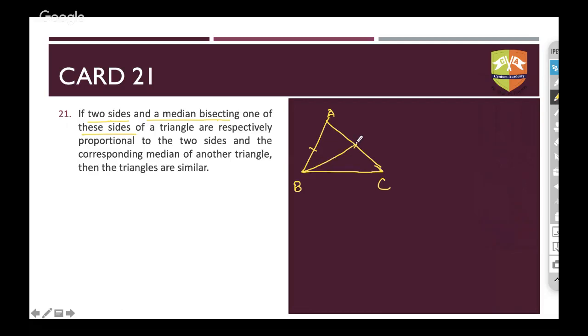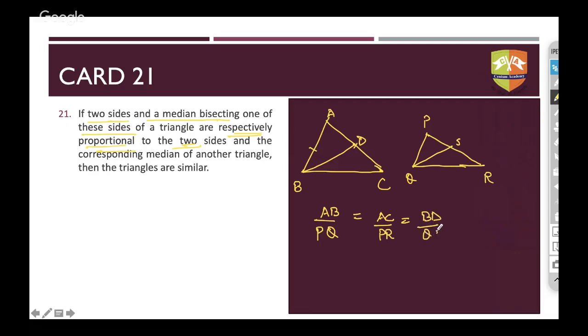Let me pick this AC, and let's say this point is D. Then we'll have another triangle, let's say P, Q, R, and S. It is saying AB by PQ is equal to AC by PR and is equal to BD by QS.